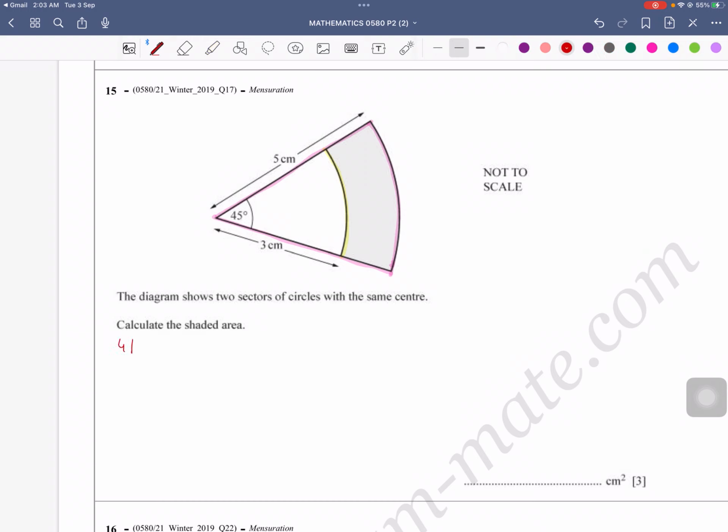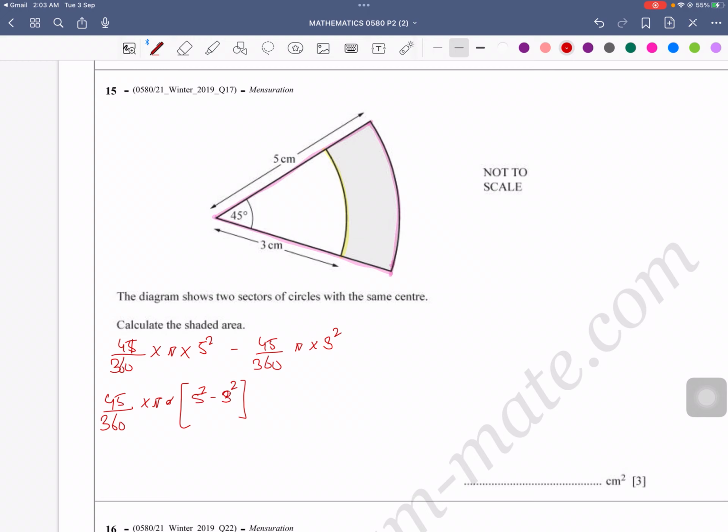So theta over 360 times pi times r squared, that is 45 over 360 times pi times 5 squared, minus 45 over 360 times pi times 3 squared. What we can do to make our life easy is take 45 over 360 times pi common, and this would leave us with 5 squared minus 3 squared.